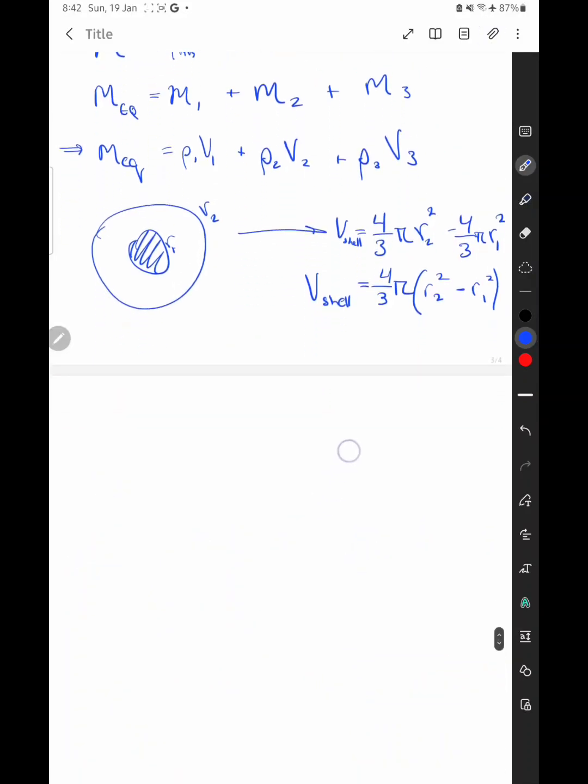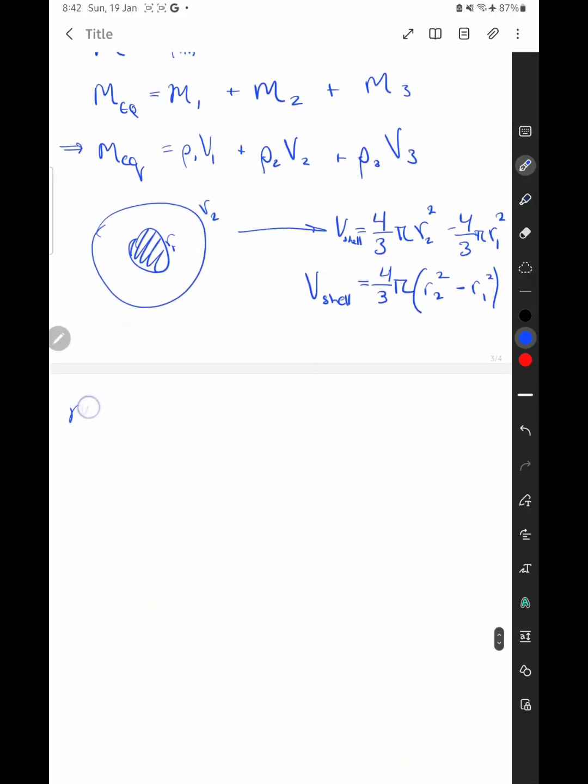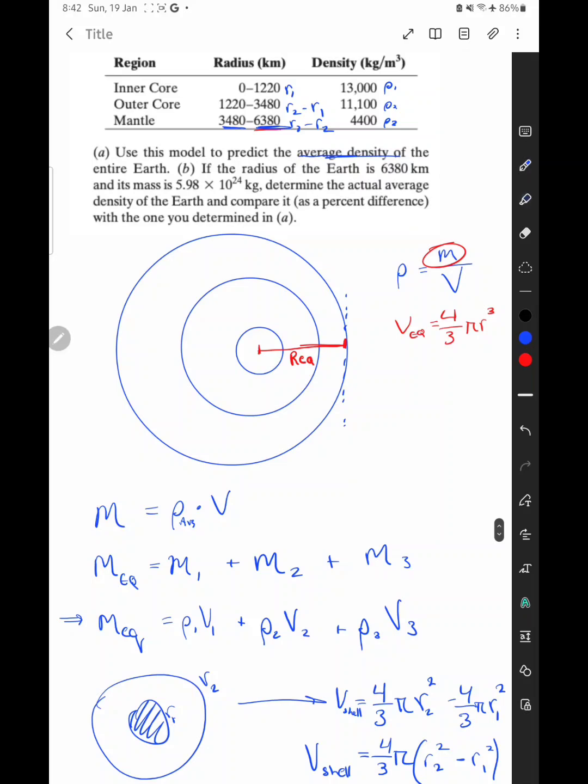So here we are expanding this out, MEQ, and we're saying that V1 is equal to 4/3 pi r1 squared. V2 is equal to 4/3 pi. Now remember, this is this shell over here. And this is r1, and this is r2 minus r1.